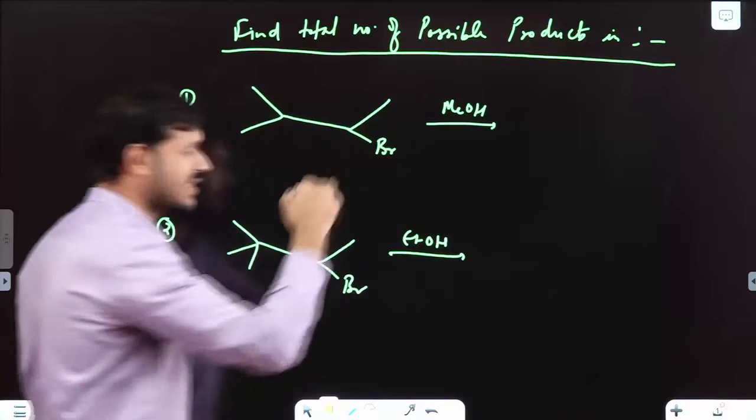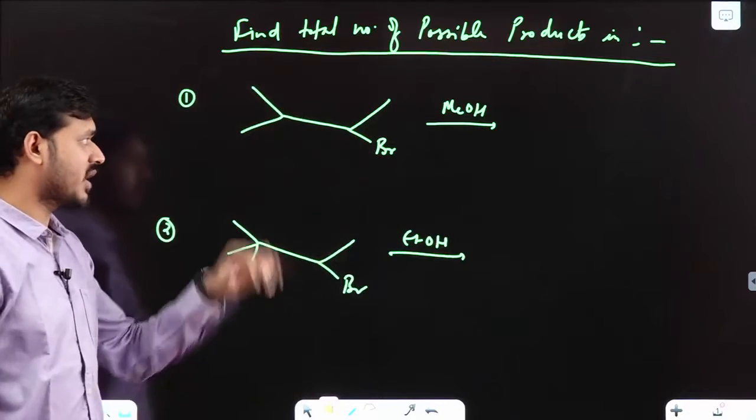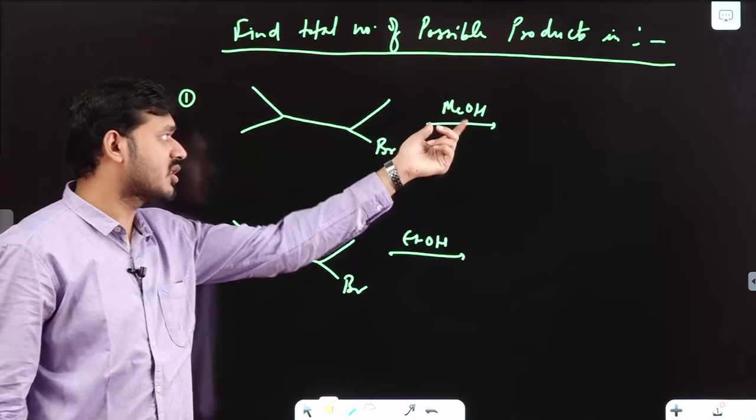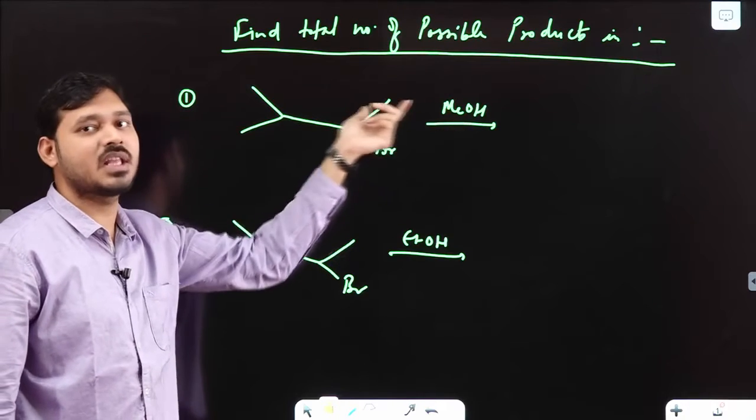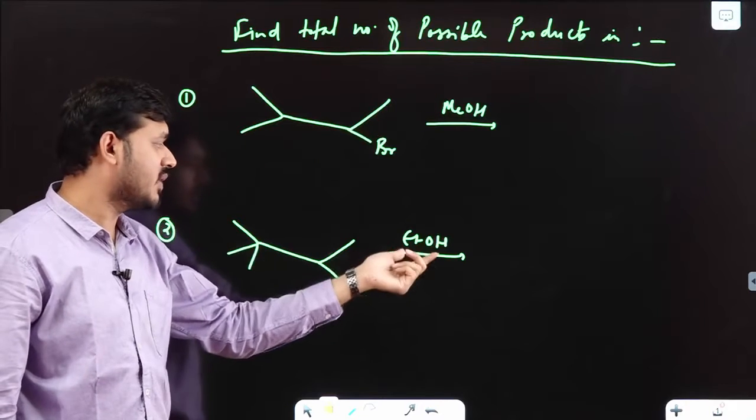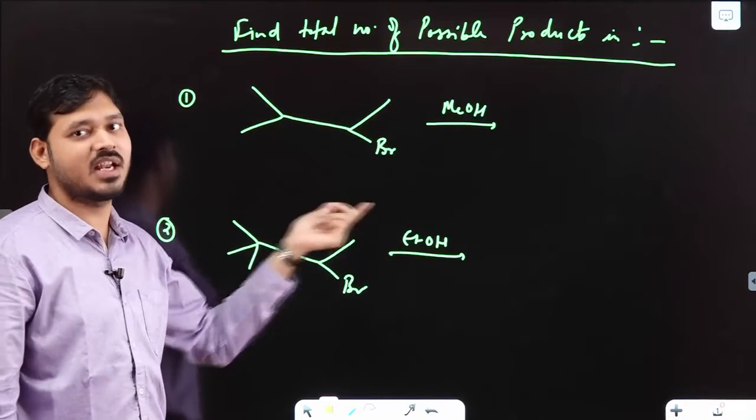So in the given two cases, you have to find the total number of possible products. Okay, definitely see, it is also your solvent as well as nucleophile, MeOH. So this will cause methanolysis. Okay, and this will cause, as it is ethanol, ethanolysis.